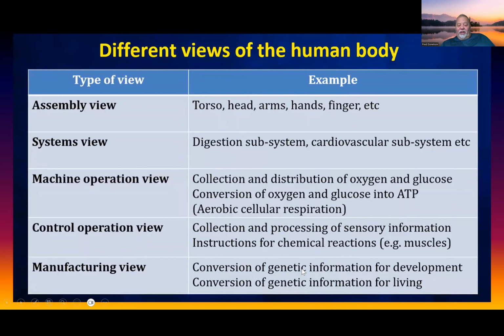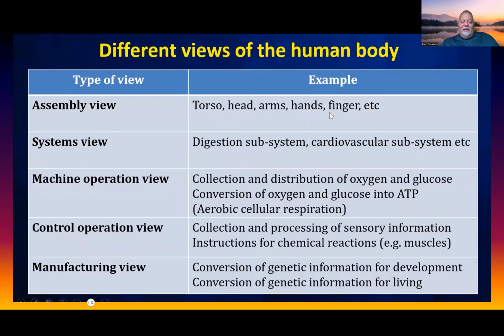You have to take the genetic information that's in your body, and it acts like a blueprint, and it has the overall view for your whole body. And then you've got to convert that genetic information in order to live. So you've got all of these really, really complex things that all go into producing a human.